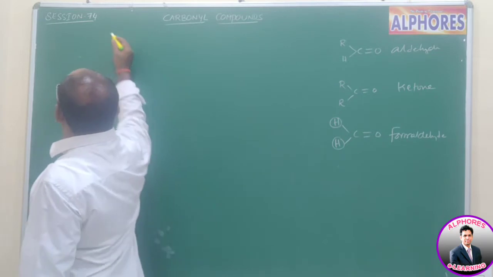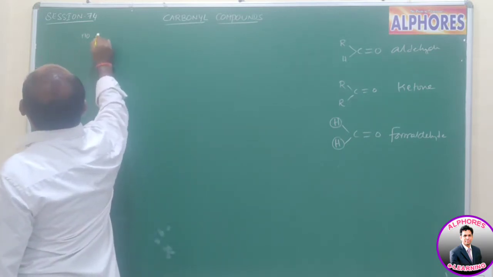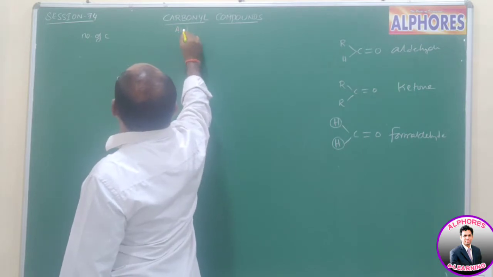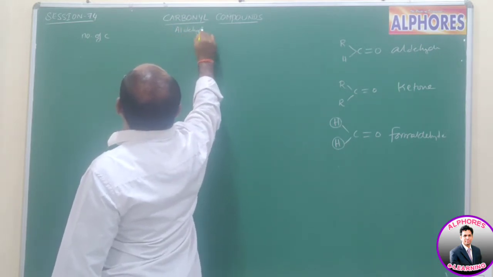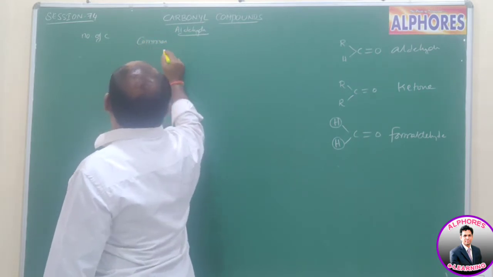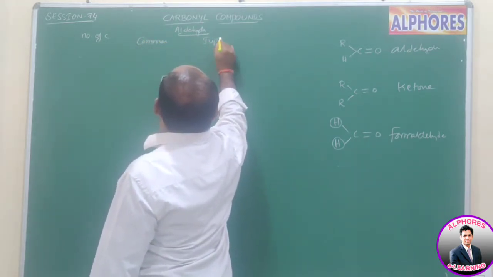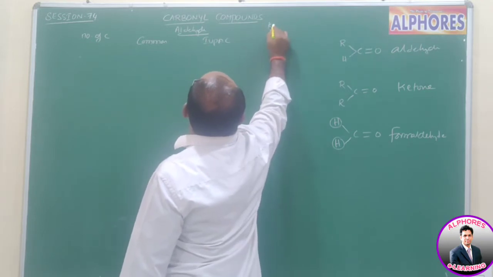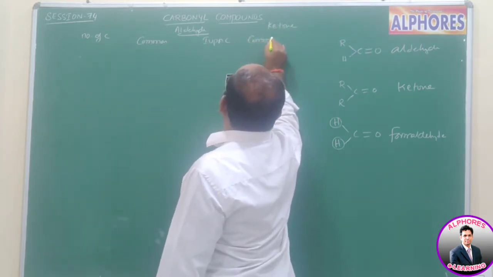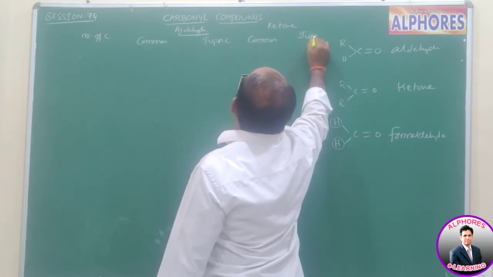Here I am going to frame one table, based on the number of carbon atoms. If it is aldehyde, what is the common name and IUPAC name? In case of ketones, the common name and IUPAC name.